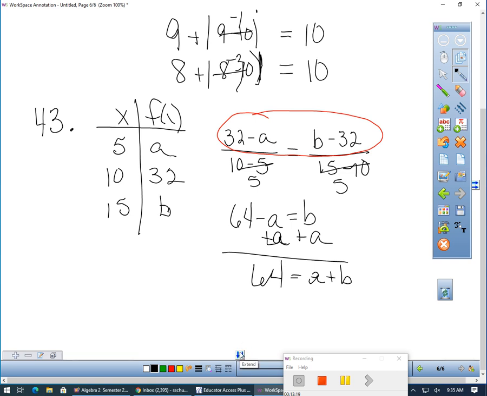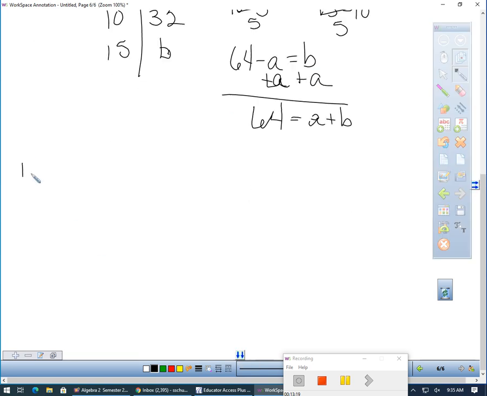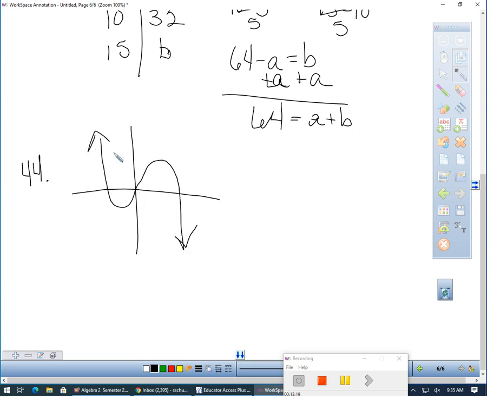On number 44. They give you a graph that looks like this. Alright, lots of stuff you can see from this graph. First of all, it turns 2 times, which means this is an x to the third power.